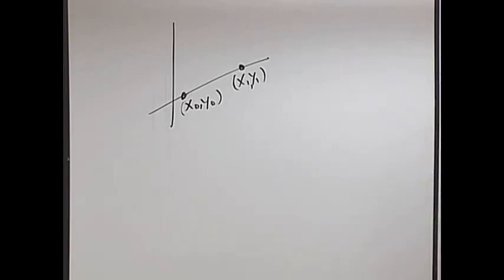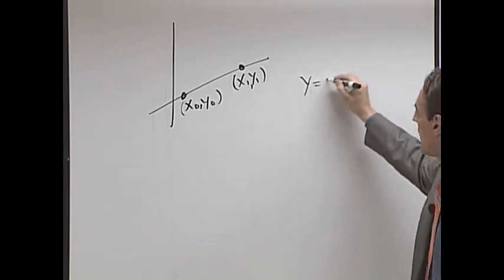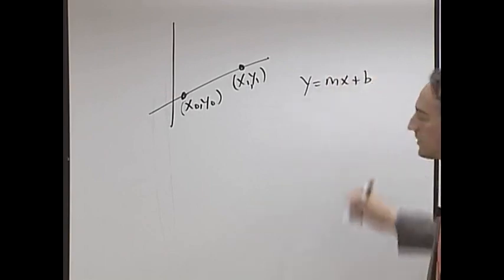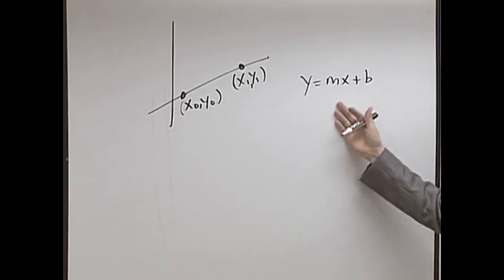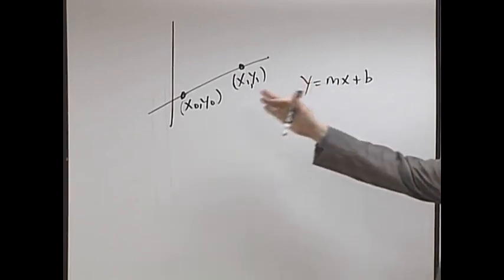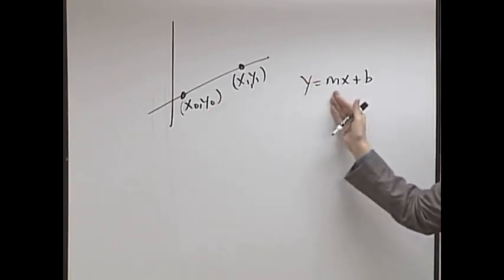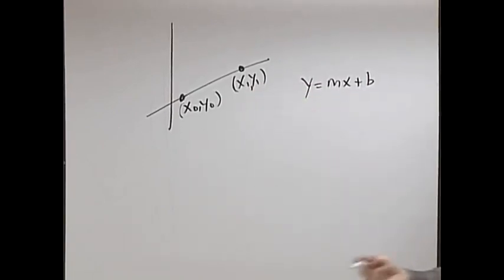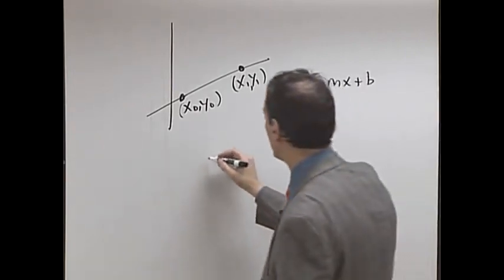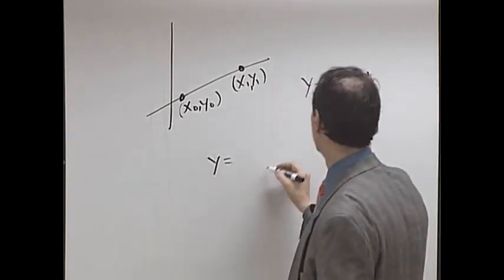How would we normally write this down? Well, we would make up a line like this, and I would have 2 equations, 2 unknowns. I could solve it 2 by 2 by putting in x naught, y naught, putting in x1, y1, and solving the 2 by 2 system. Alternatively, I can write that down pretty easily. I can just say, what are the points that I need to go through?